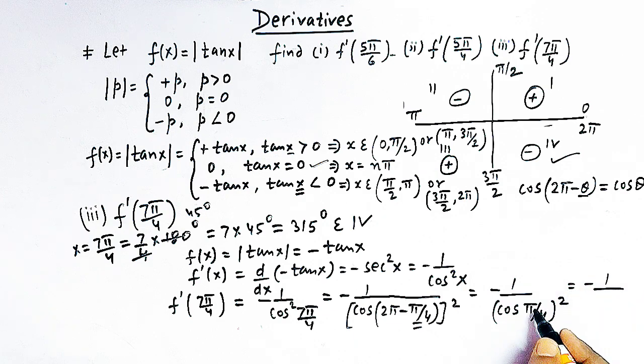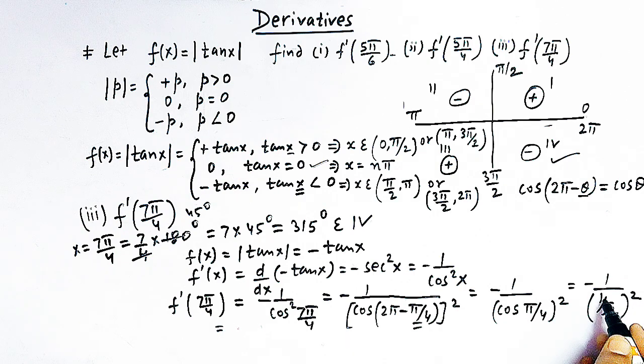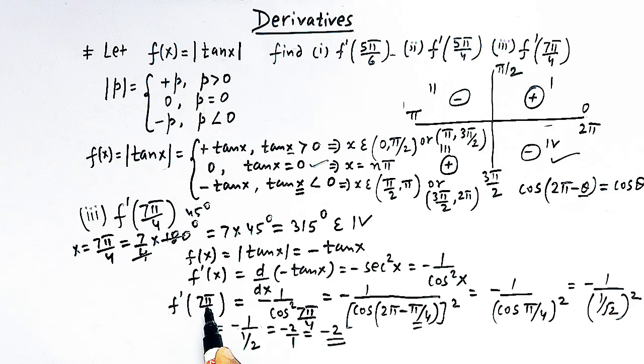And cos pi over 4 is 1 over root 2, and here we have the square. So this is 1 over root 2 square is simply 1 over 2. So taking this 2 to the numerator, we have simply minus 2 over 1, that is minus 2. So the value of f prime of 7 pi over 4 is equal to minus 2.